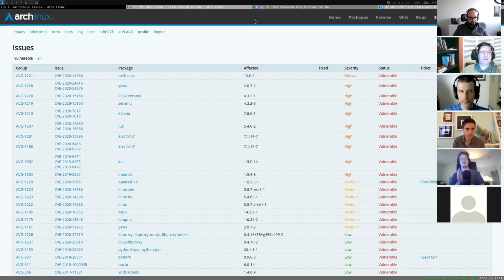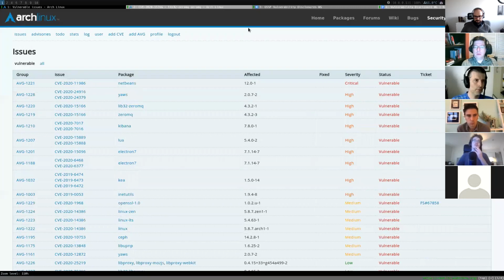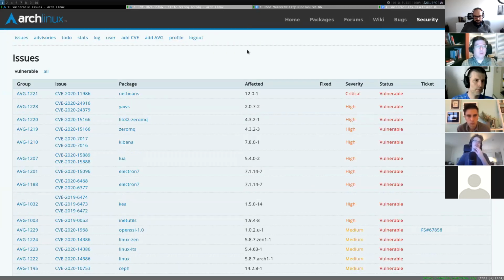Oh, awesome. So the last time we looked at how Ruby does their security vulnerability recording. They use this YAML structured data approach. I know Debian does the same, as well as Alpine Linux. What we opted for in Arch Linux was to write our own web dashboard, which is tightly integrated into the ecosystem.